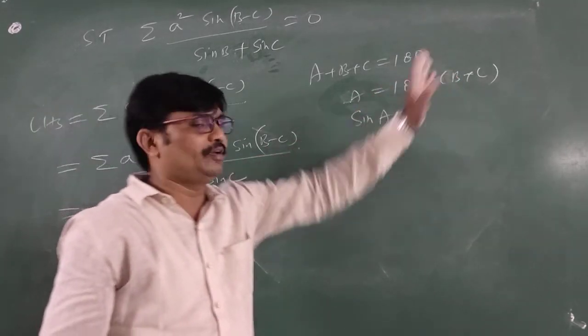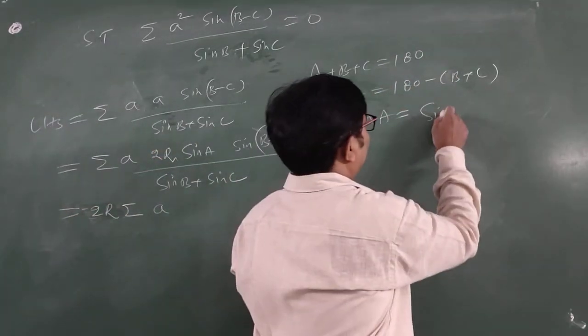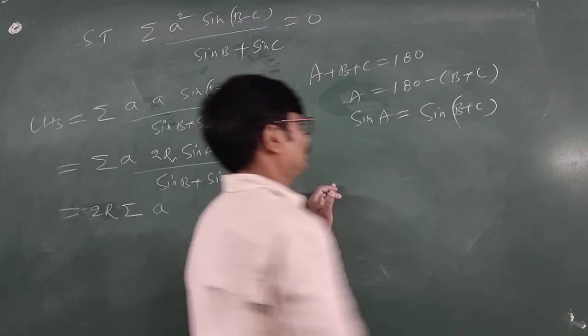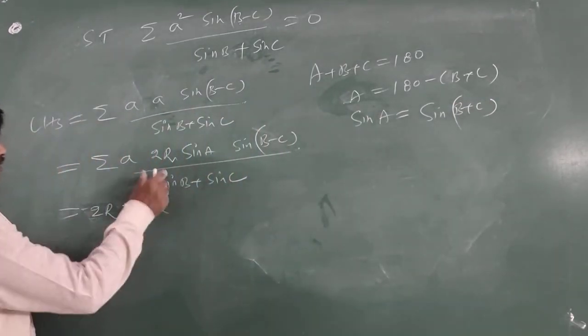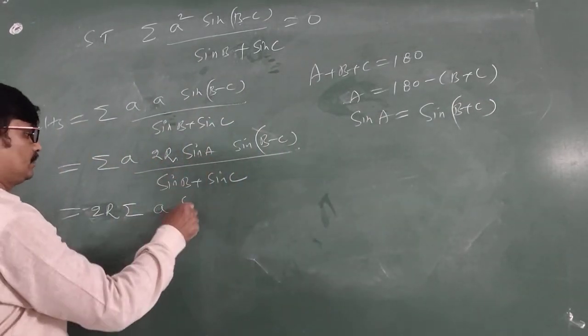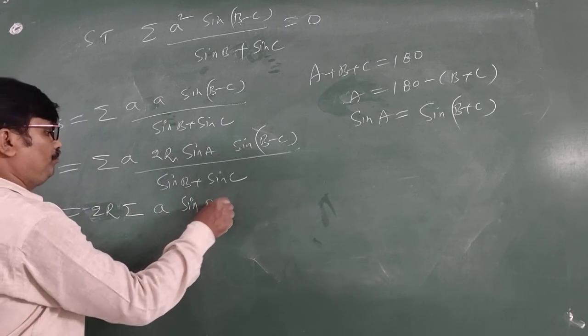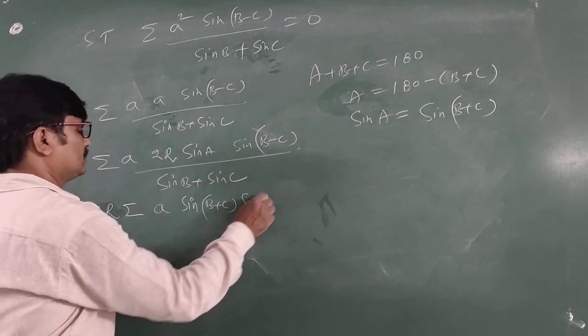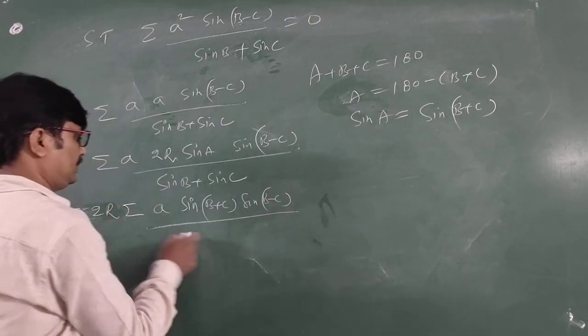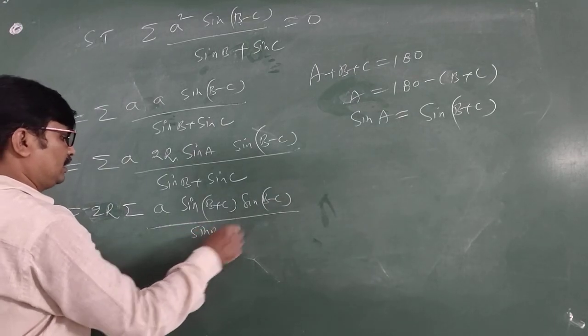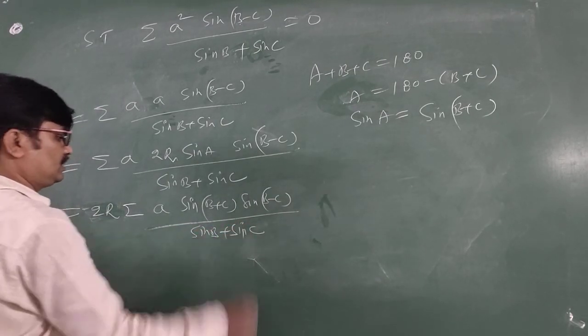Sin of 180 minus theta in the second quadrant is sin theta. So sin A can be written as sin of B plus C, and sin of B minus C upon sin B plus sin C.